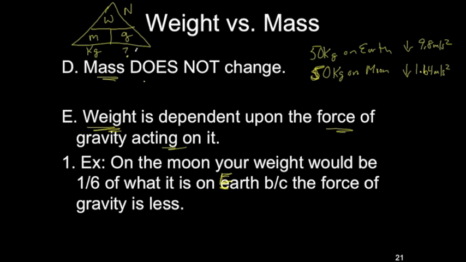So write gravitational acceleration. Depending on where you are, this number may change. It's very similar, like we said: force equals mass times acceleration. It's the same formula, but we're talking about the acceleration due to gravity.